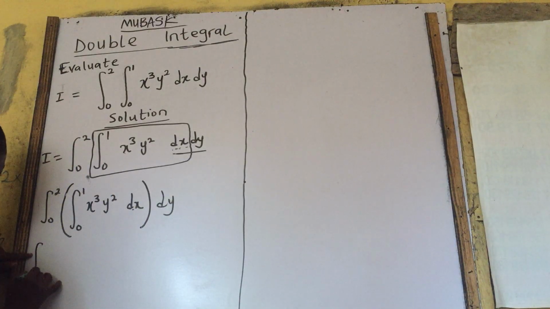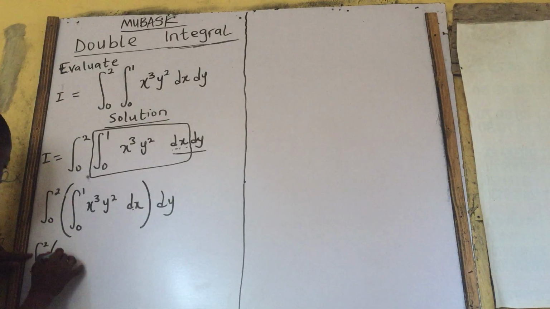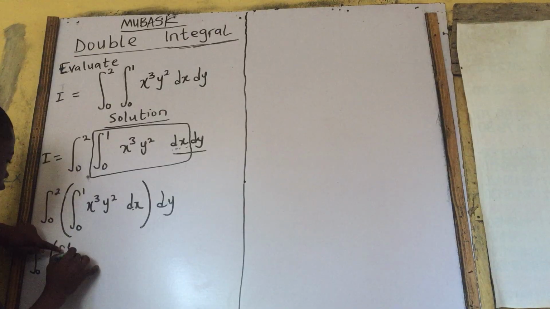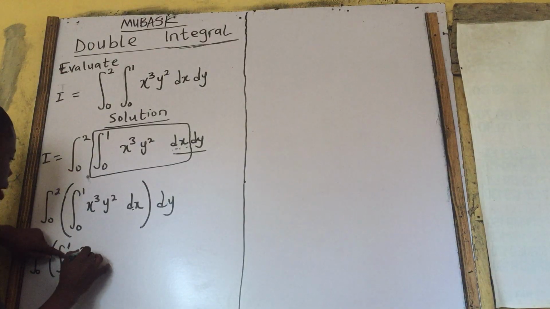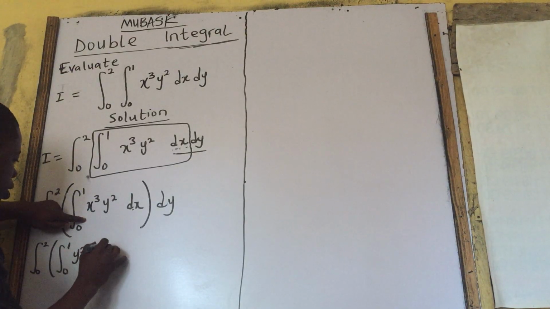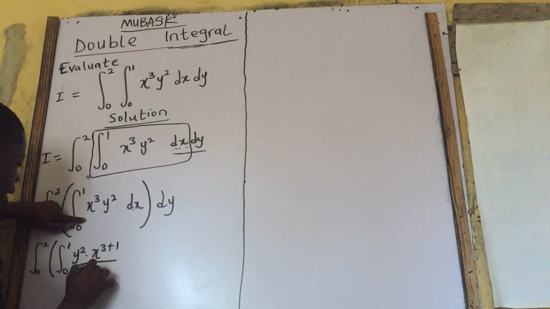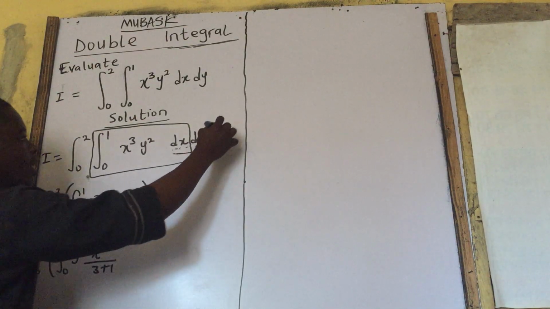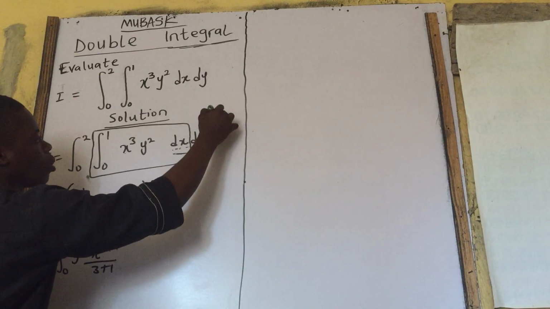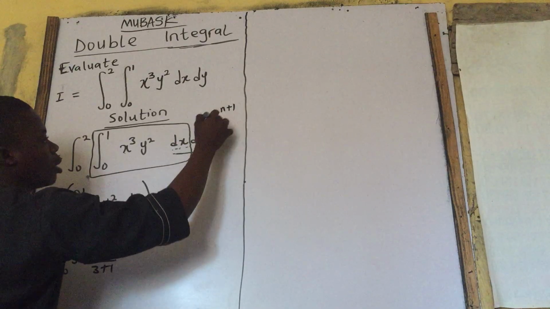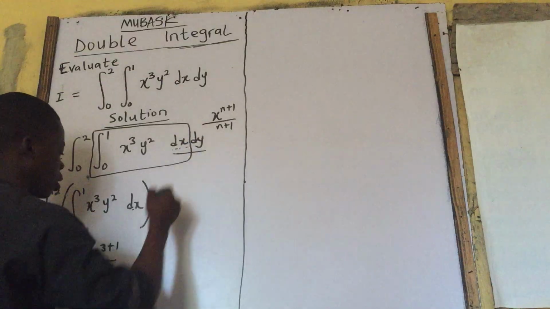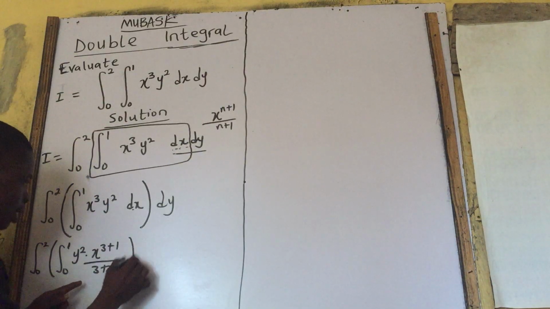Now integral 0 to 2, open bracket, integral 0 to 1, choosing y square as a constant, y square multiplied by x raised to power 3 plus 1 divided by 3 plus 1. By using the general formula, x raised to power n plus 1 divided by n plus 1. Close bracket dy.